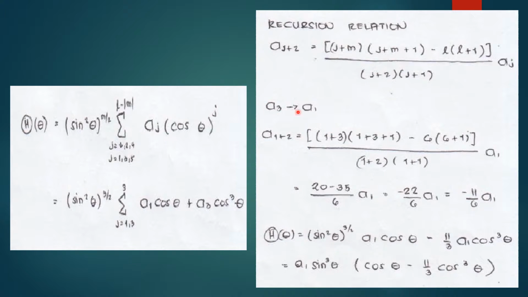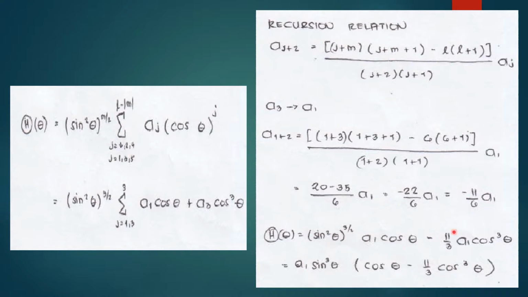For example, a3 to a1 with j equal to 1. We now get (1 plus 3) times (1 plus 3 plus 1) minus 6 times (6 plus 1), over (1 plus 2) times (1 plus 1), times a1. a3 is equal to (20 minus 35) over 6 a1, which equals negative 22 over 6 a1, and equal to negative 11 over 6 a1.